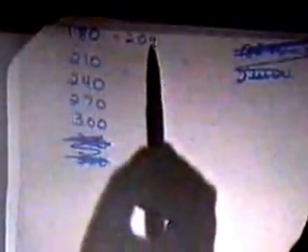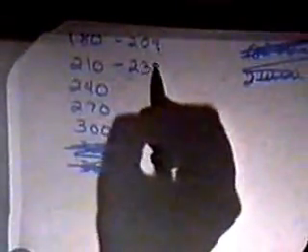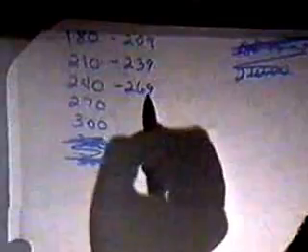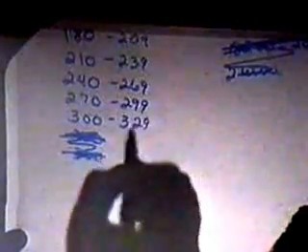So I can tell from looking at this right here that my original numbers were all rounded off to the ones place. Now, because my interval is 30, I can add 30 all the way down. And now I have my class limits.